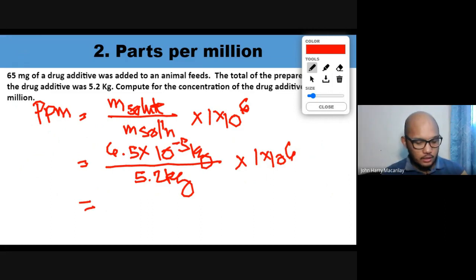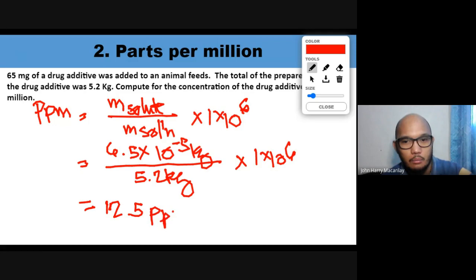The answer would be 12.5 parts per million. So that is now for parts per million.